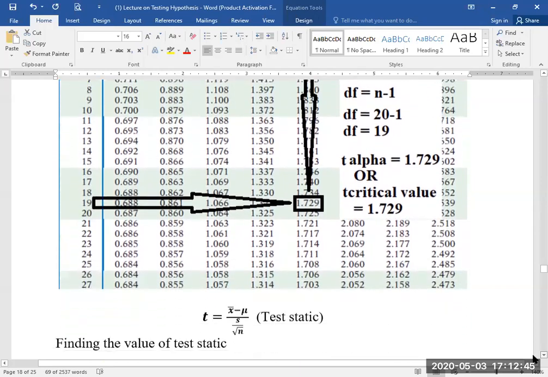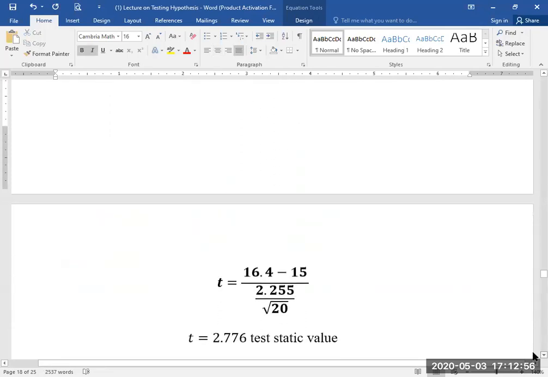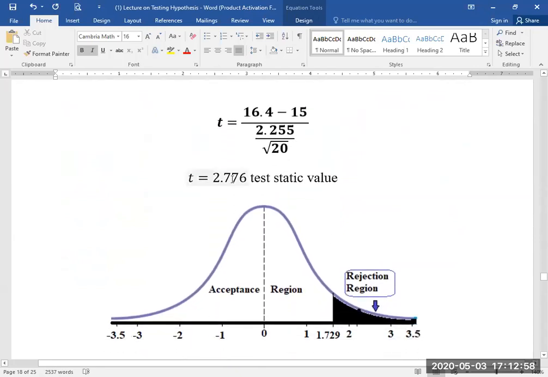Okay, students, now I'm going to calculate the test statistic value, this time not from the Z distribution table, but from the T distribution table. Substituting the values in the test statistic, we obtain 2.776.